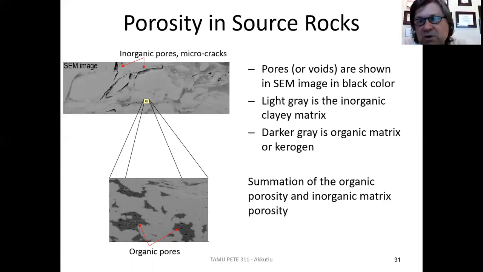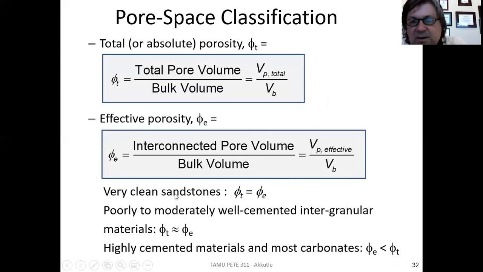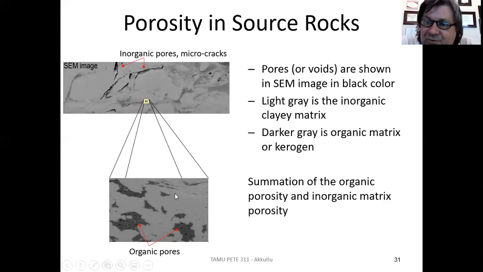So here, when you make porosity measurements, you record as total porosity the porosity associated with these microcracks and the porosity associated with the kerogen pores. So you measure the total porosity of the system, but if you ask where this porosity is coming from, some of them are coming from kerogen, some of them are coming from outside of the kerogen, the inorganic part of the matrix.